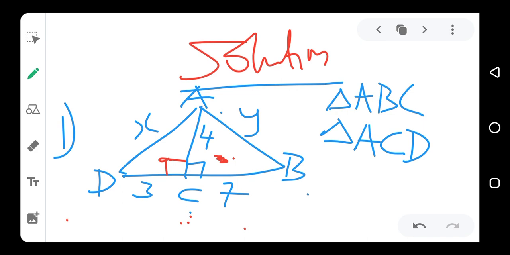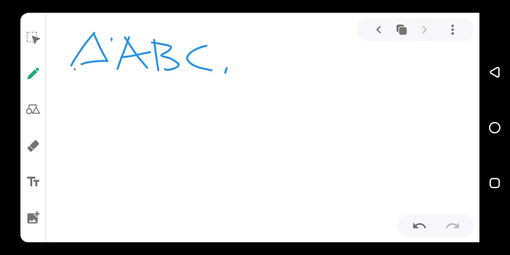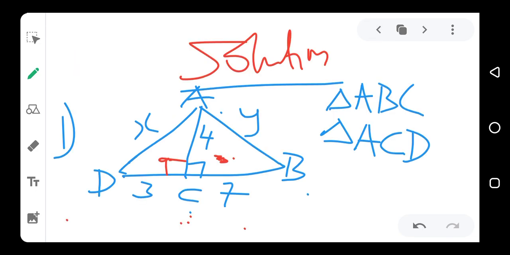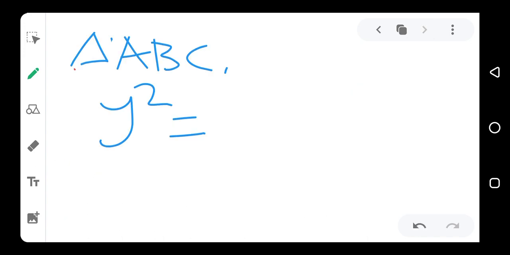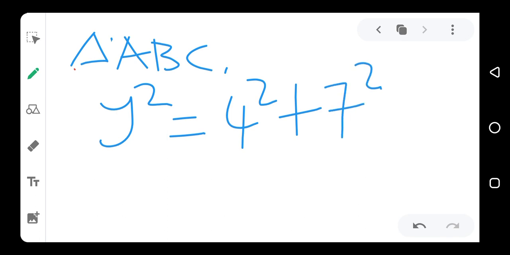So y is the hypotenuse, while the other sides are the adjacents. So we have that y squared, according to Pythagoras theorem, is equal to AC squared plus BC squared. So we have 4 squared plus 7 squared.